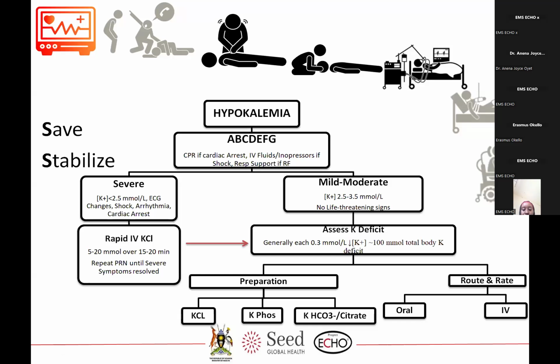If the patient's gut is working well, in other words, they don't have ileus and are not vomiting, and they can tolerate it, the oral route is preferred, because again, remember, potassium is used on death row. Those bad politicians we don't like, if one day you take them to Luzira for corruption and they are on death row, it will be KCl that will be used.